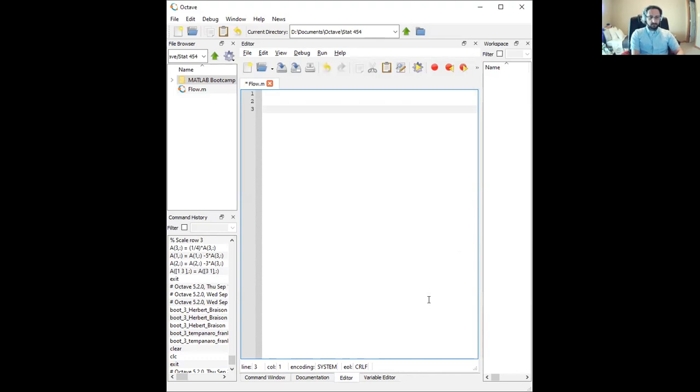So remember that generally, you're writing something that looks like this: linprog F, A, B, A equality, B equality, lower bound and upper bound. So we need to copy this information over in a form that actually works.